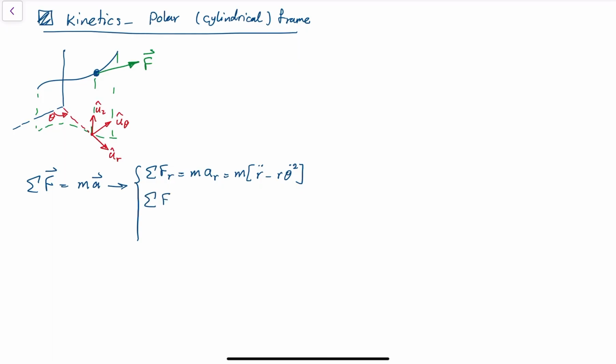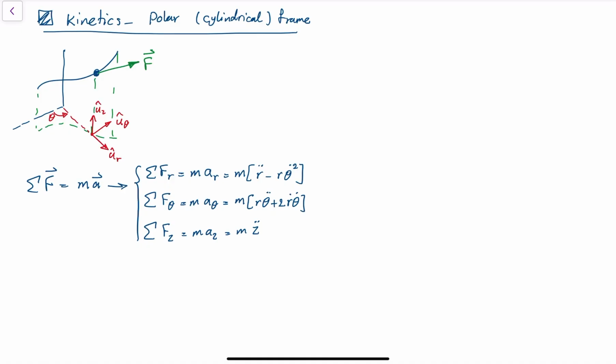Sum of forces in the transverse direction is m a_theta. We saw before it is mass times r theta double dot plus 2 r dot theta dot. And the z one was easy. F_z equals mass times a_z equals mass times z double dot, however much you are accelerating in the z direction.